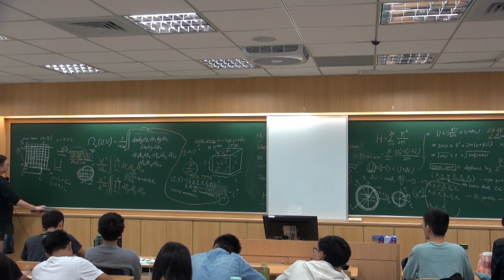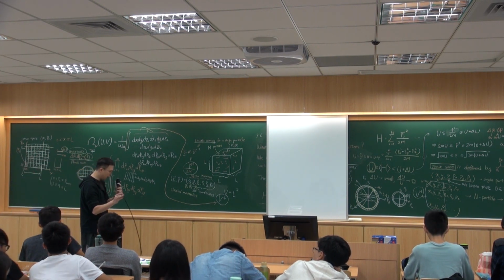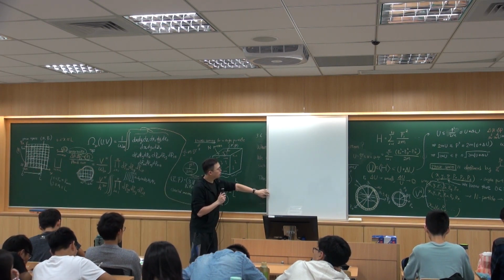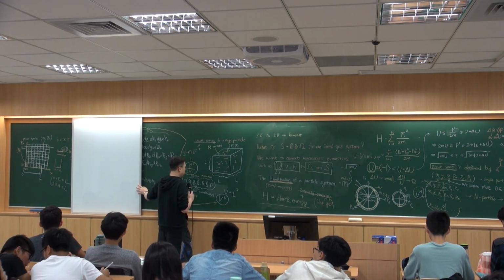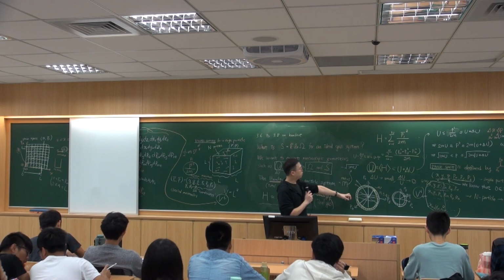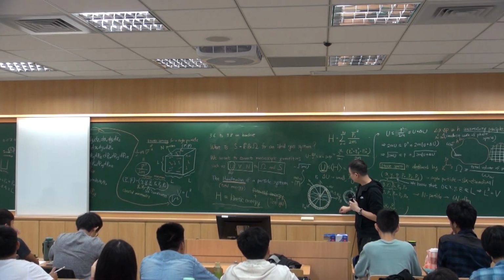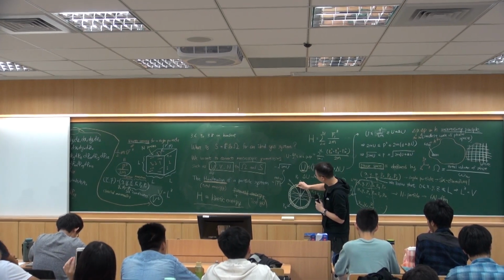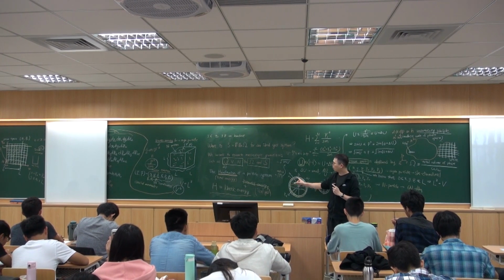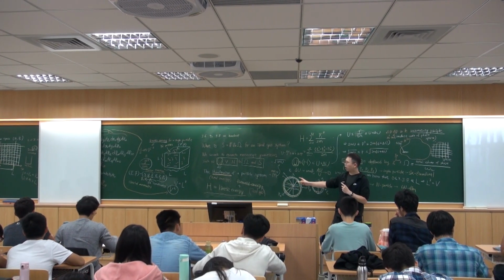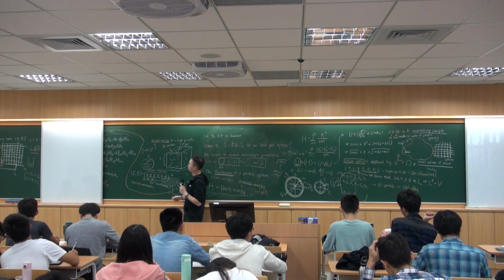And for the case that we're going to see, for the ideal gas, you can imagine that there are also these small boxes within this boundary. And we want to count how many of them there are within this boundary.